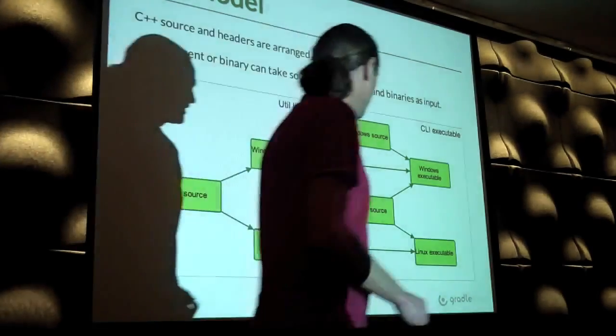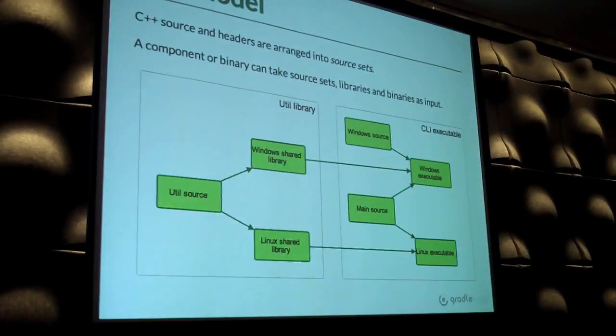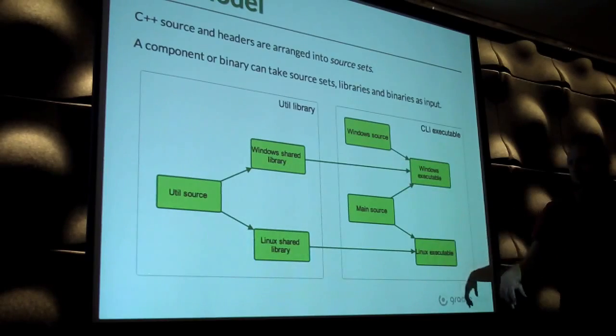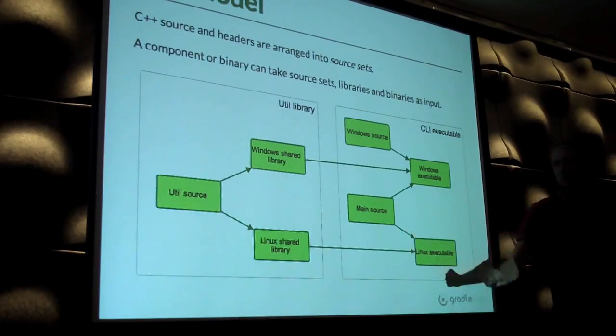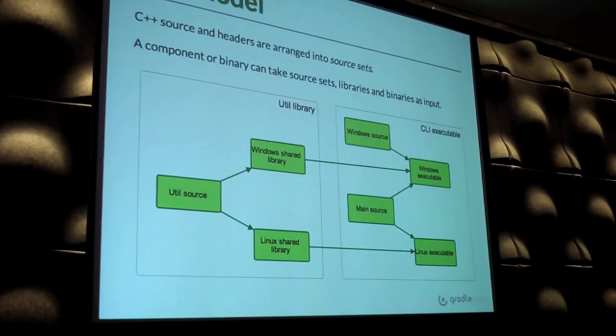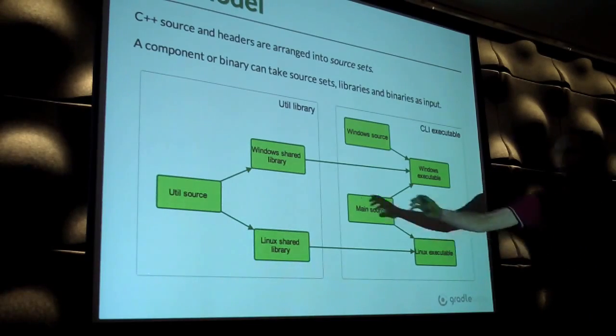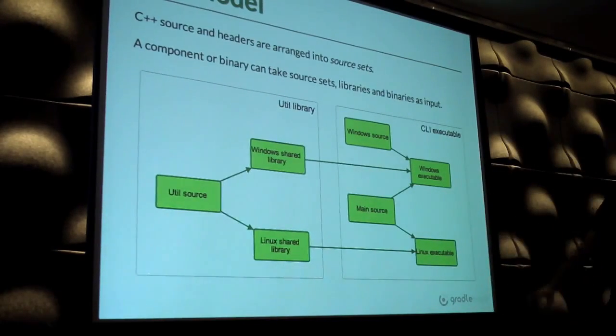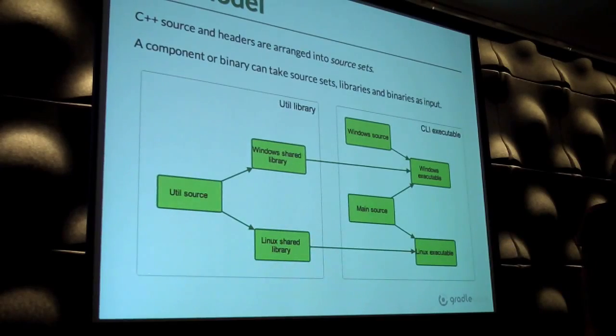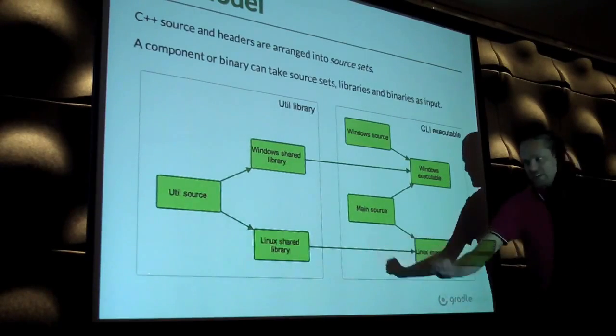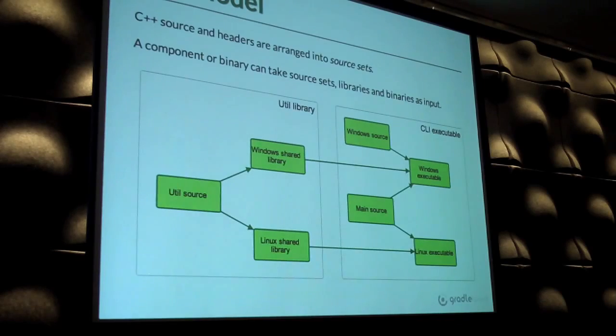And binaries may have variant-specific inputs as well. So maybe our Windows executable has some Windows-specific source, as well as some shared source. When we're building our Windows executable, we need our Windows shared library as input. When we're building our Linux executable, we need our Linux shared library as input.